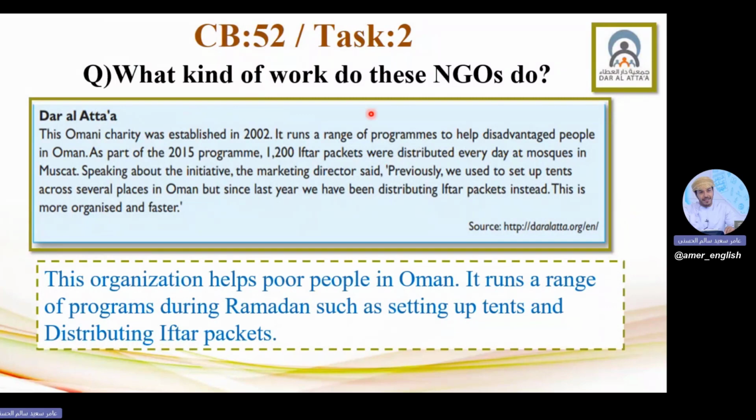For example, if we take this example, Dar al-Ata charity organization, this organization helps poor people in Oman. It runs a range of programs during Ramadan, such as setting up tents and distributing iftar packets. And you will find all of these here in the short text.